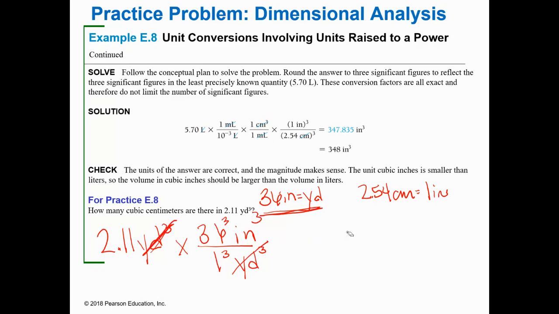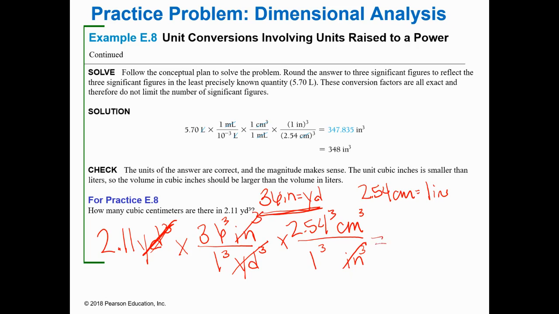Same thing on the next one. I've got inches and centimeters. I have to cube everything to get my inches to cancel. So in my calculator this time, it'll be 2.11 times 36 cubed times 2.54 cubed.